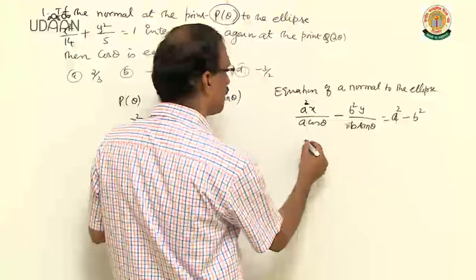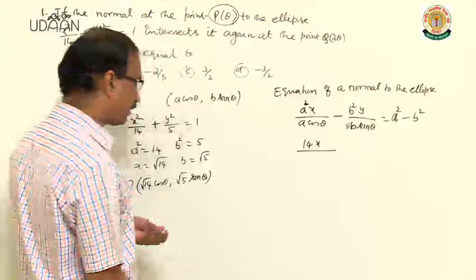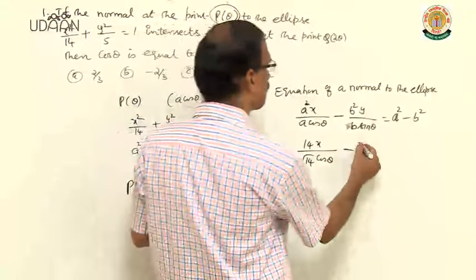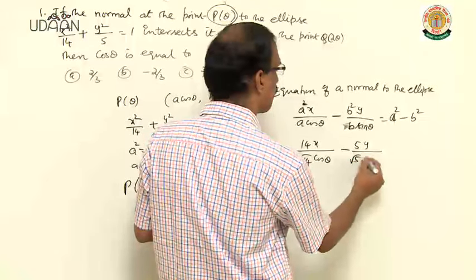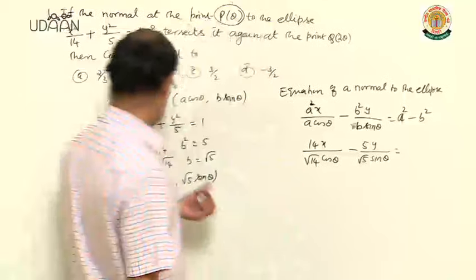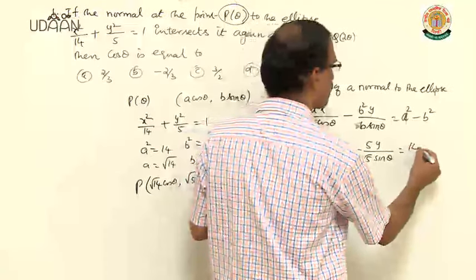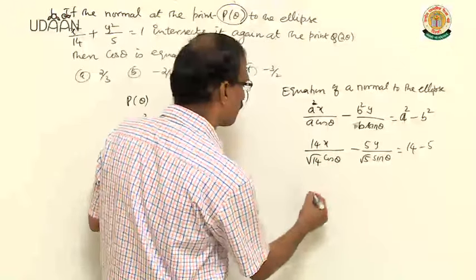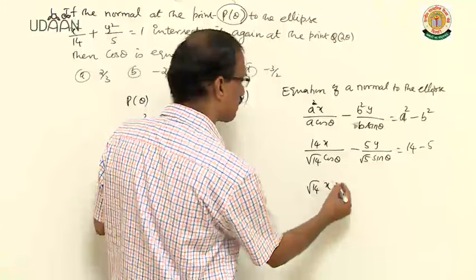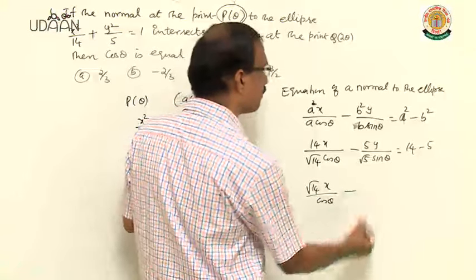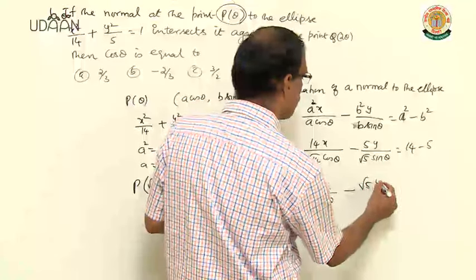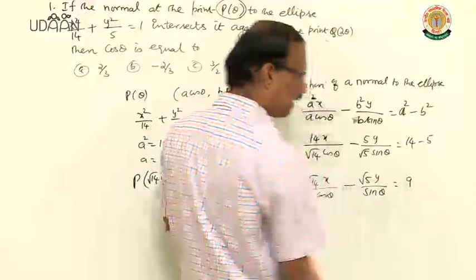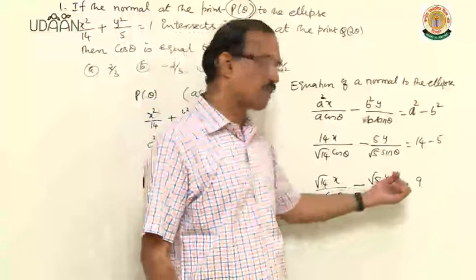So if you substitute, you get 14x upon root 14 cos theta minus 5y upon root 5 sin theta equals 14 minus 5. So you get root 14 x upon cos theta minus root 5 y upon sin theta equals 9. So this is your equation of the normal.